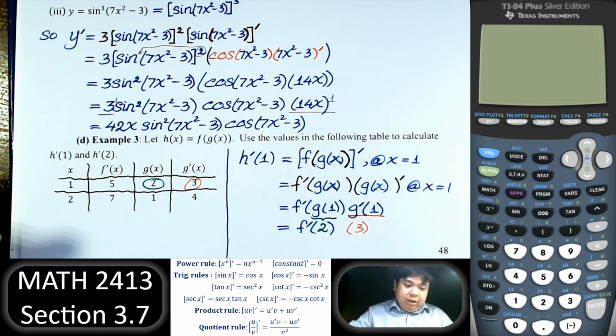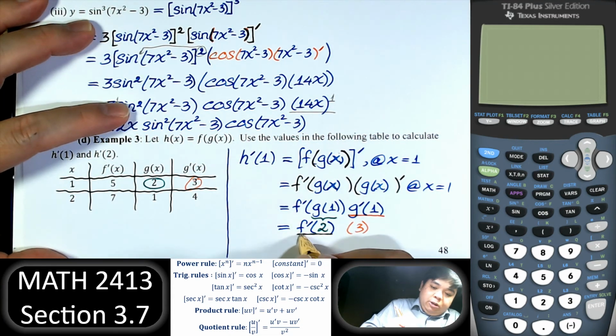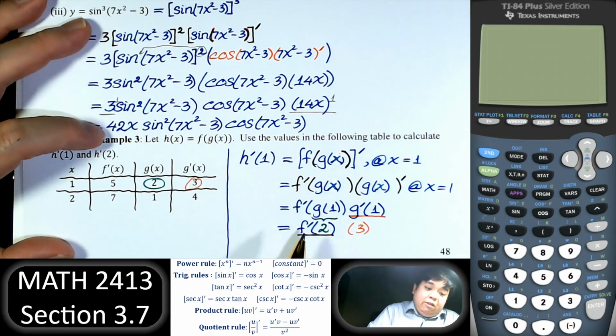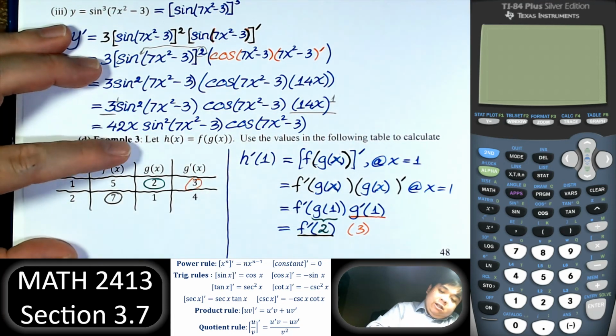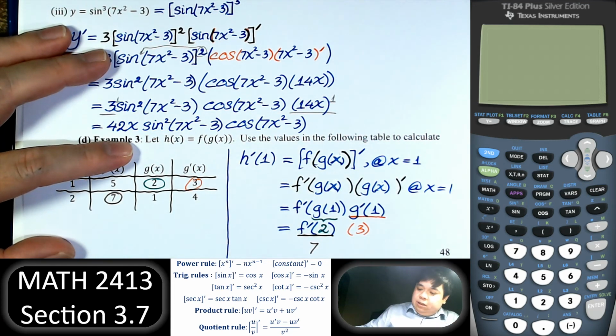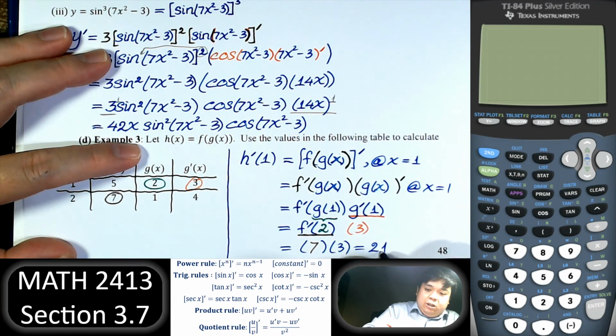And next, f prime of 2. The derivative of f at 2 is 7. Right, so we have 7 times 3 is 21.